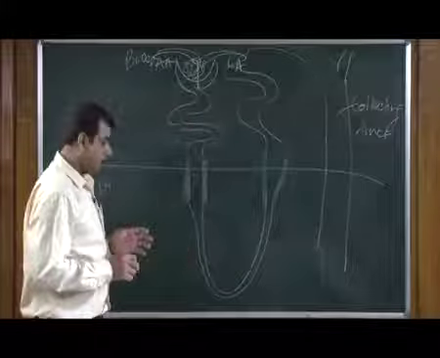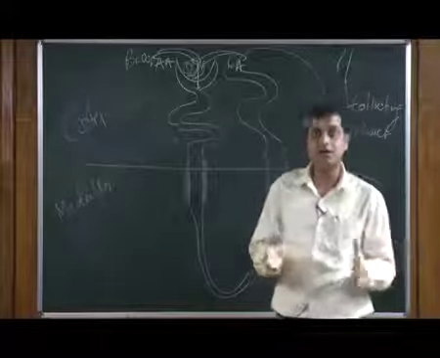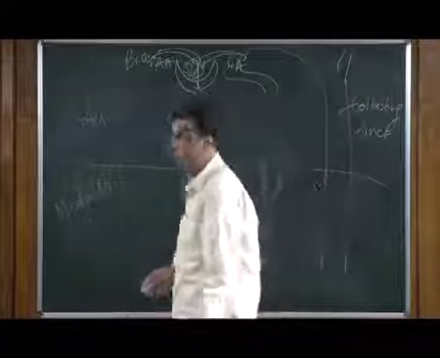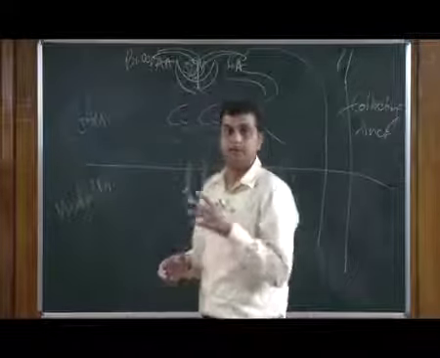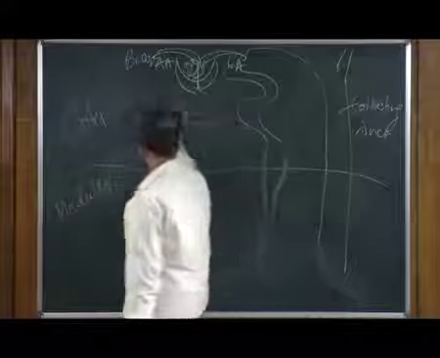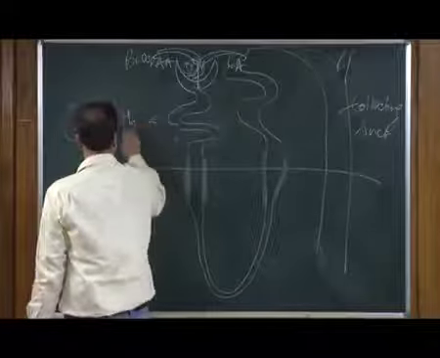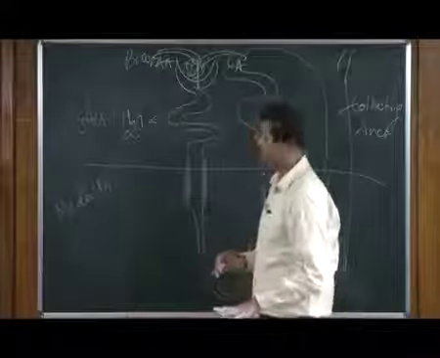Now, we know that the major concentration of the filtrate is water. 70 to 80% of the complete water is getting absorbed in this area. We will see one by one how the water is getting reabsorbed into the body system.